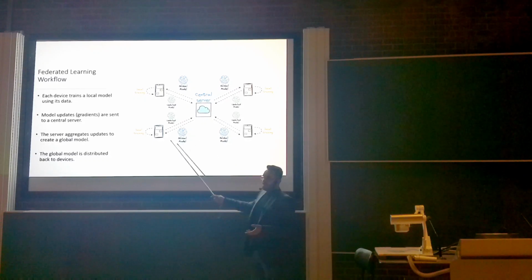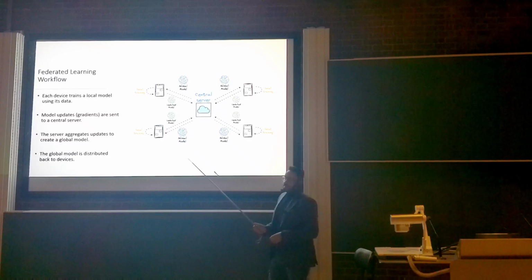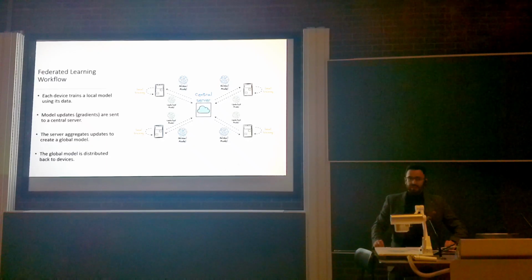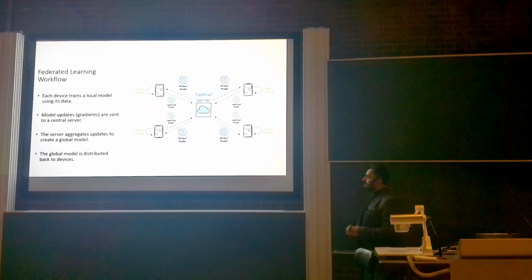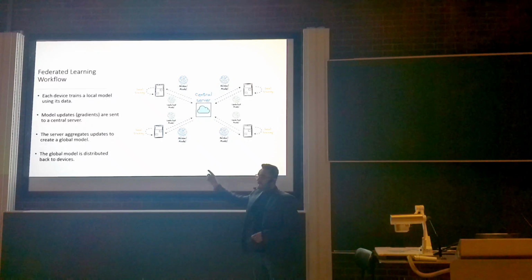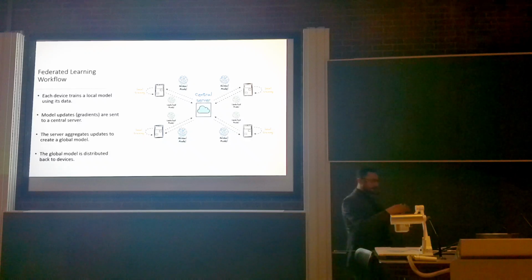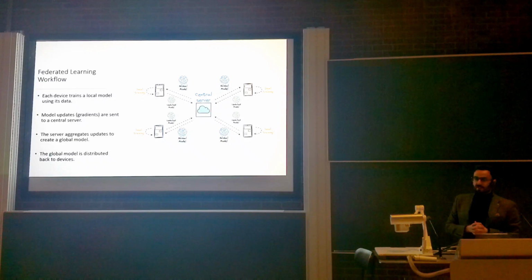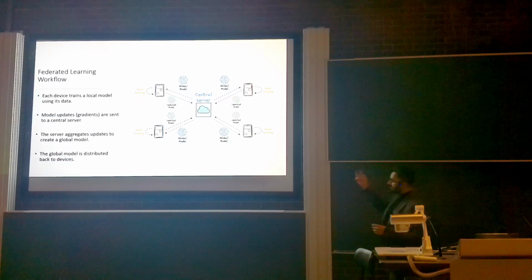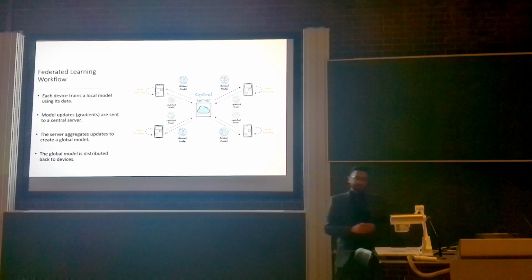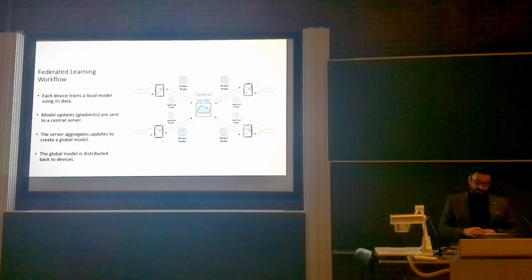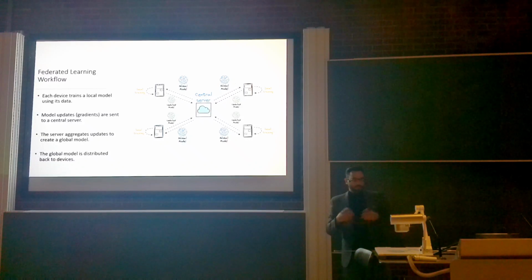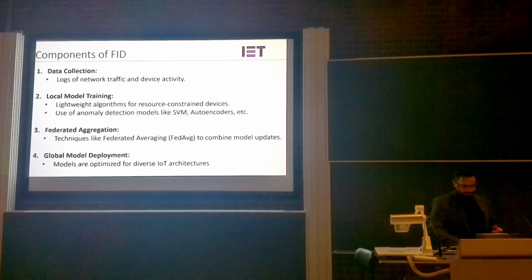Then those devices will use the data that is sent from any IoT object to train a model, and this model will then send the output parameters through a dictionary to a central server, and on that central server you will have the aggregator model, which is the Fed averaging mentioned in the previous slide, to build the master model.